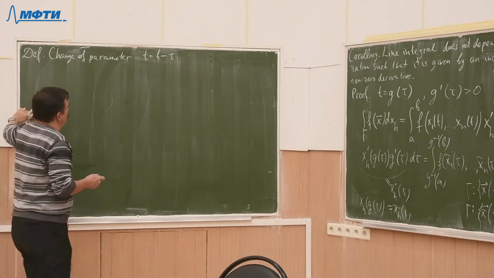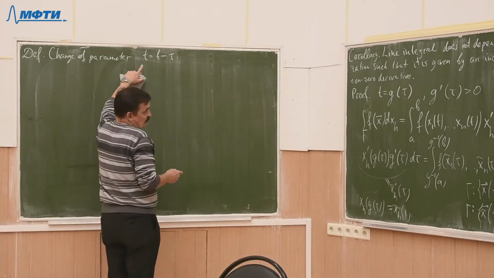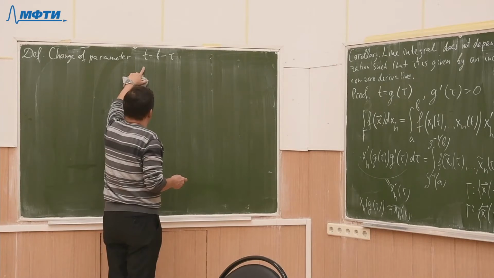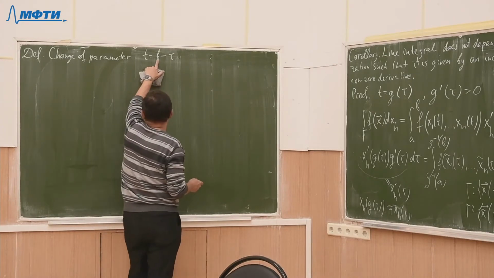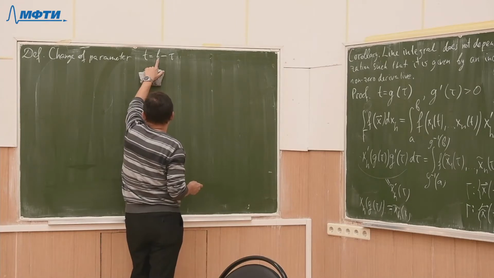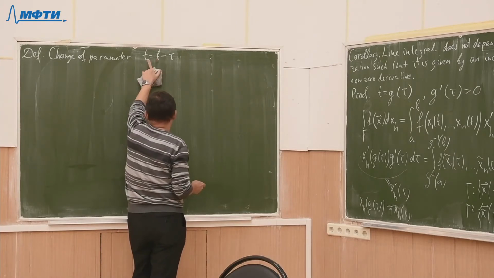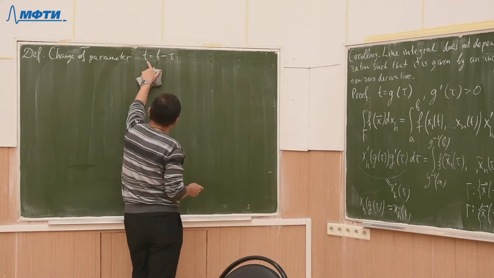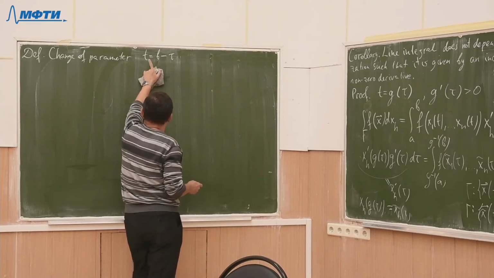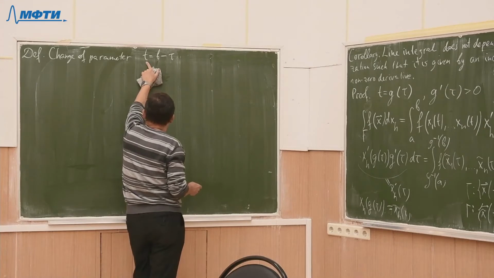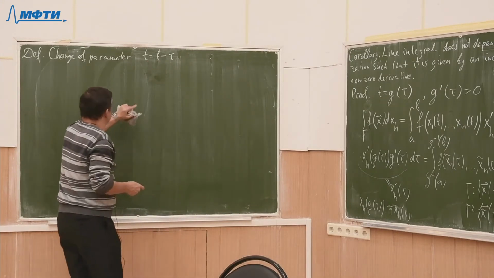No, maybe a minus tau. So if t equals b, then tau equals 0. Okay, let it be like that.